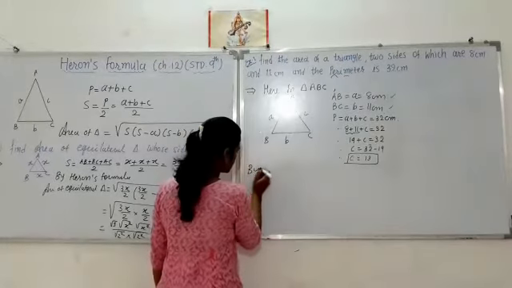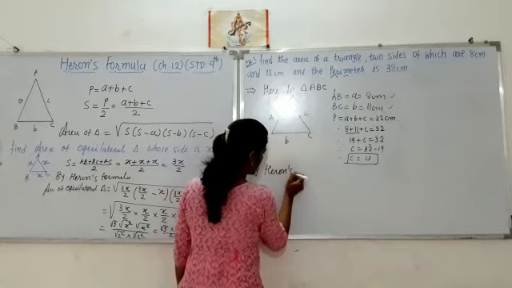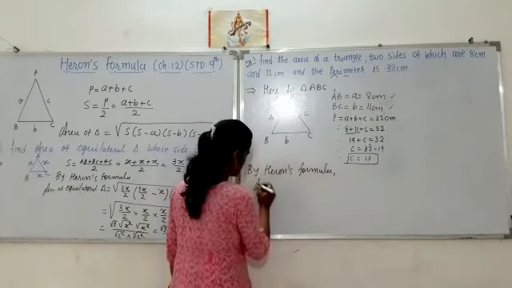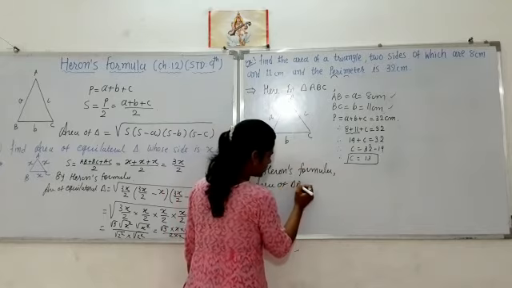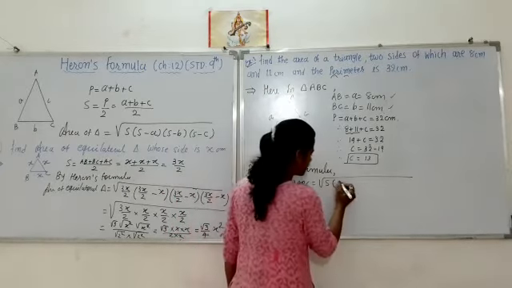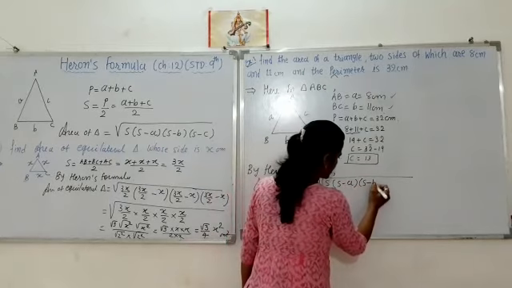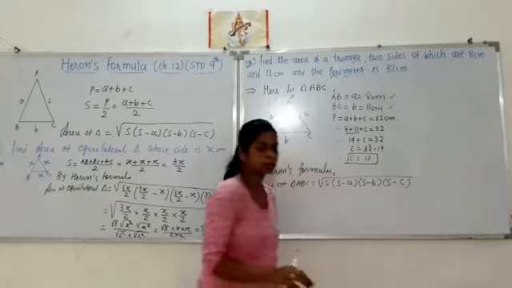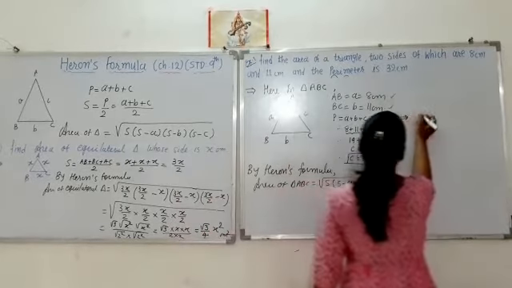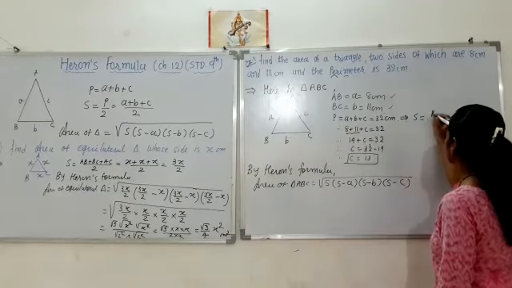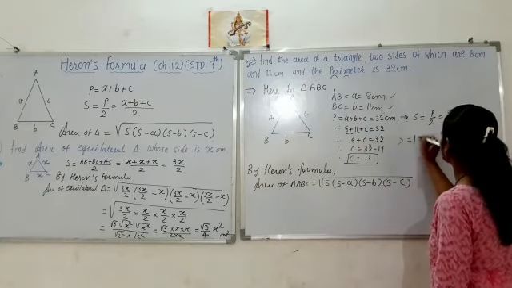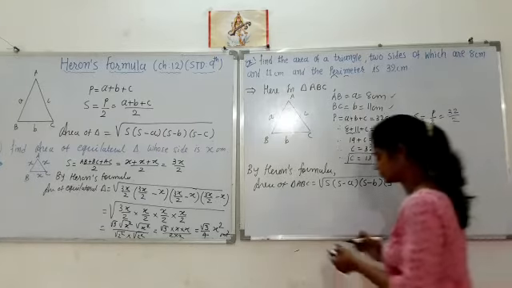Now after finding the value of c, you know a and b, so apply Heron's formula. By Heron's formula, area of triangle ABC is equal to square root of S into S minus a, S minus b, S minus c. Write its formula first. Now put the corresponding values. You don't know S, so first of all find out S. S is equal to P by 2, which is 32 by 2. So your S is equal to 16.